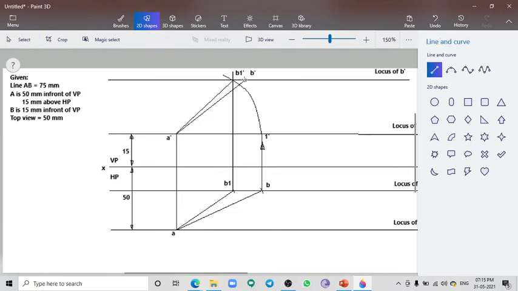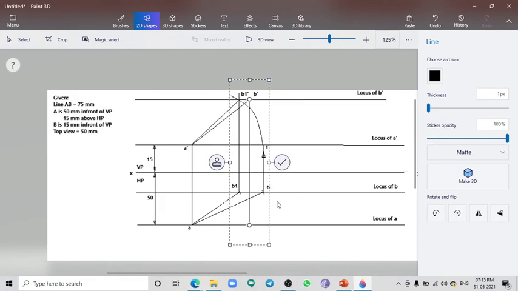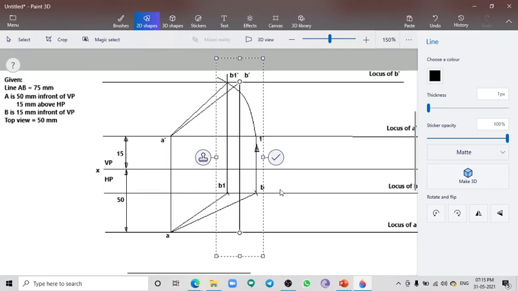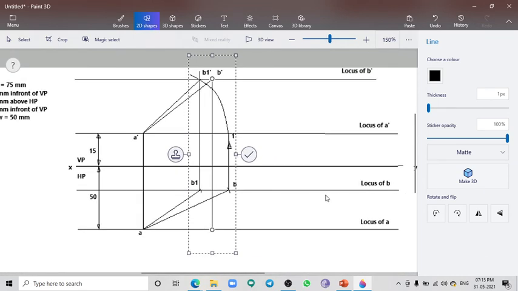So I'm going to project this point up to the locus of A dash. Here you may ask, yes sir, the locus is here first, can we stop here? We know that we must project the line up to the reference locus. What do we call the reference locus?